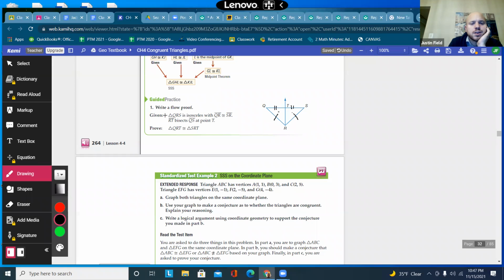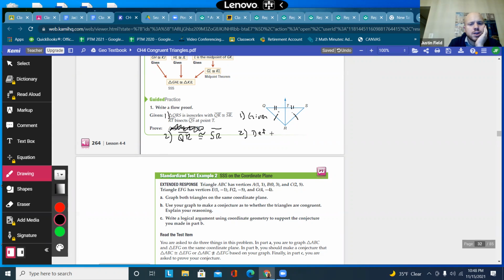just write down our, watch this shortcut here. Given, we're going to forget that's there. So what did I mark? I marked the QR and SR. The reason is, what was the reason?